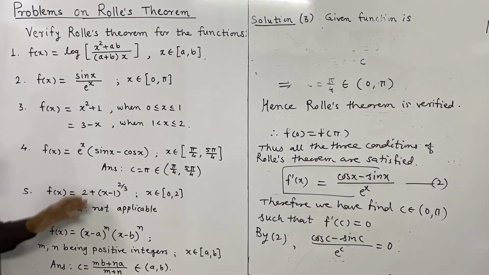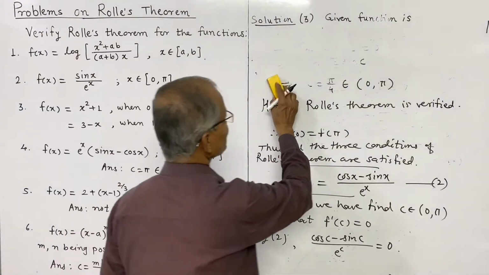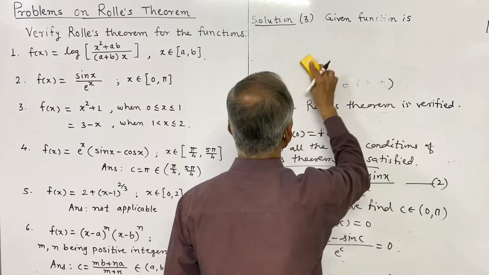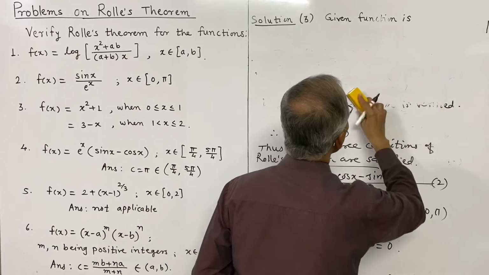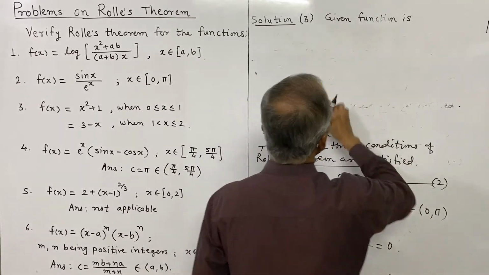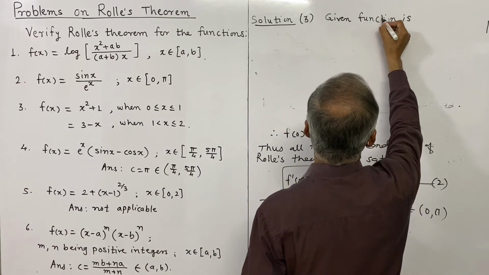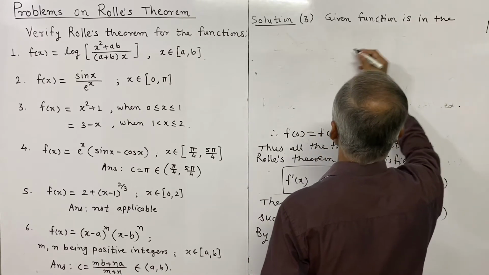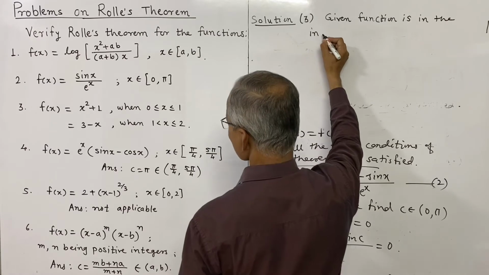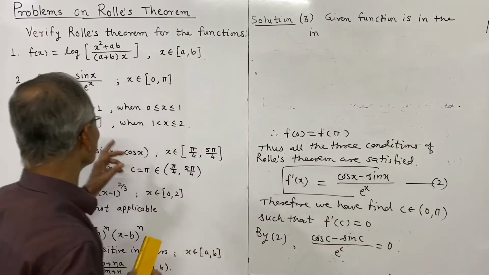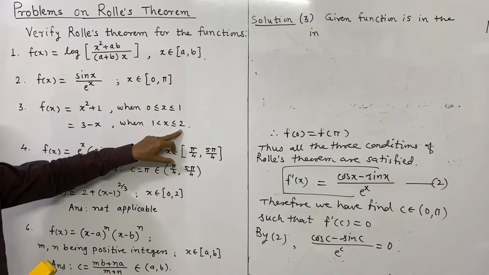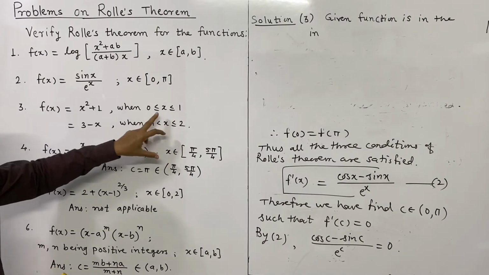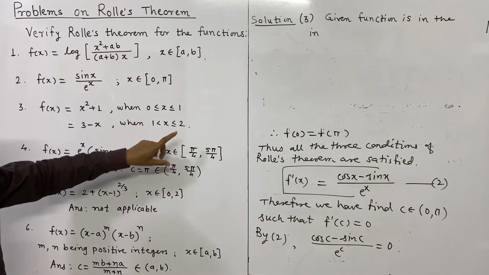And here we have to also check the function's continuity. But what is the interval? The interval of the function is 0 to 1 and then 1 to 2, meaning the entire interval is 0 to 2.